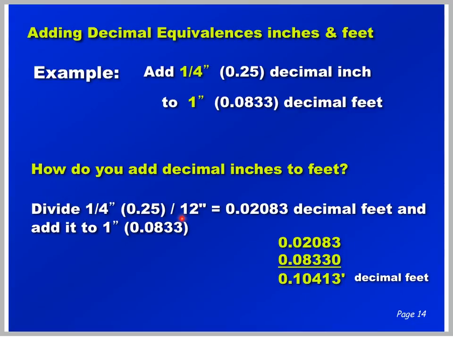Divide by 12 inches, and we get 0.0208 decimal feet. And then add it to the decimal equivalence of 1 inch, which is 0.0833. And when adding the two together, you'll get 0.1041 decimal feet. It's very important here to keep your units the same.